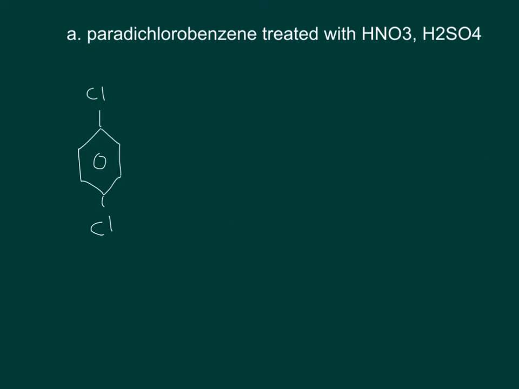This is paradichlorobenzene treated with nitric acid and sulfuric acid. I'll add the nitric acid plus HNO3, and then I'll put the sulfuric acid above the arrow, H2SO4. It's acting as the catalyst. The product is just paradichlorobenzene.